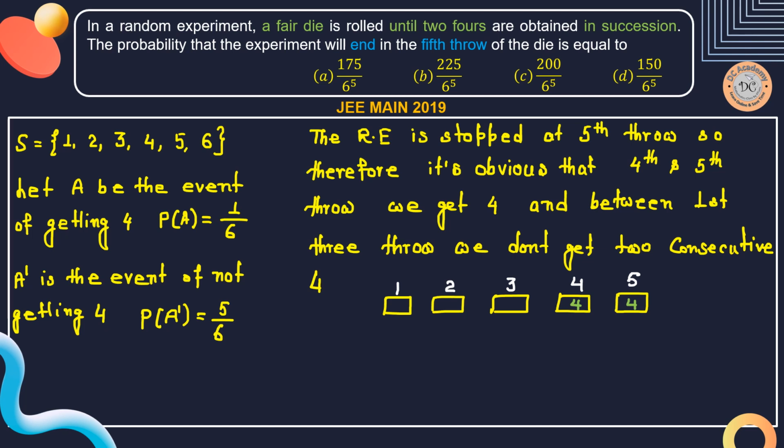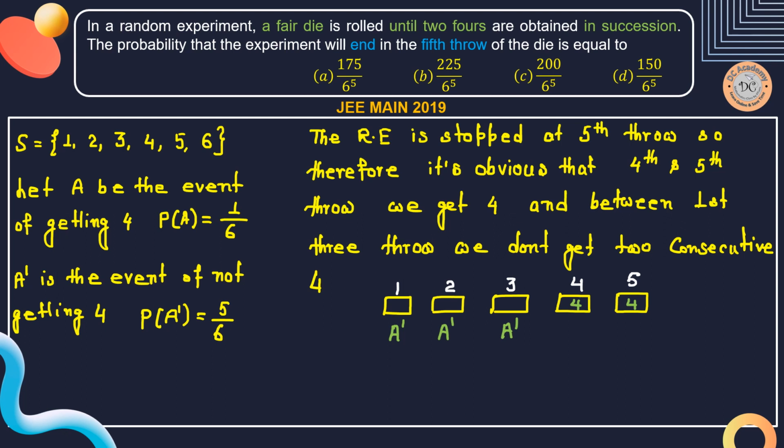So what is the possibility? In the first 3 throws, as I said, we should not get consecutive 4. So one possibility is that between every event we don't get 4. So it is A complement, A complement, and A complement. That means in the first 3 throws we don't get 4, and then consecutive 4 we stop.